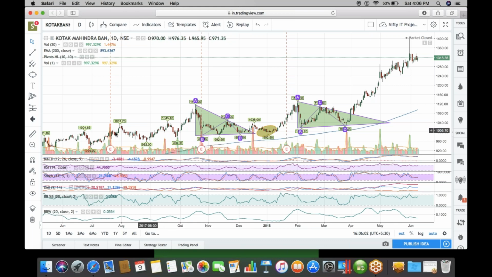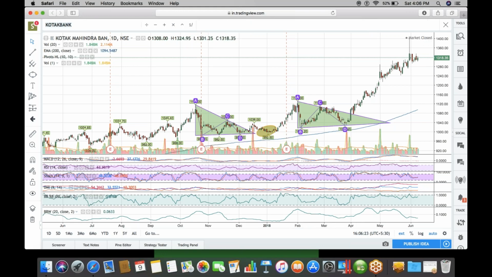Say for example, this is a Kotak Bank price chart. If this is going up, it simply means that something good is happening in the company, and that is basically visible in this price chart.